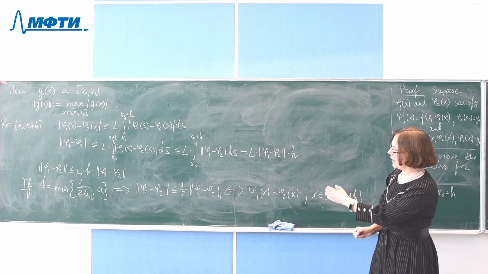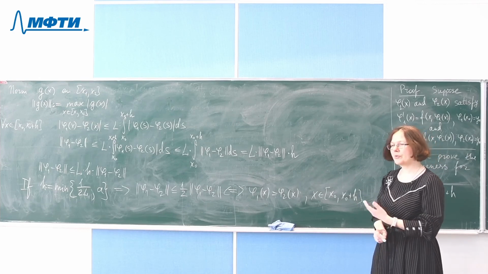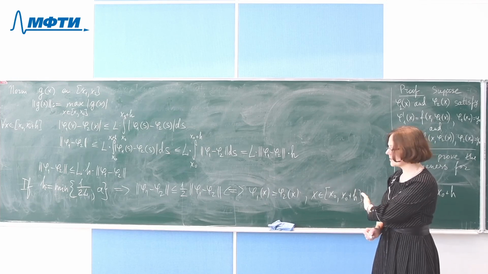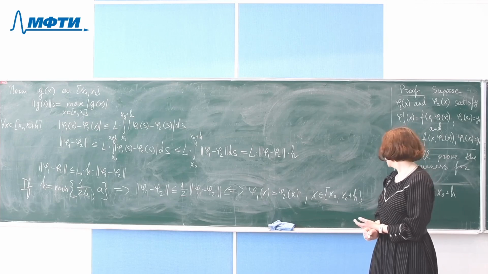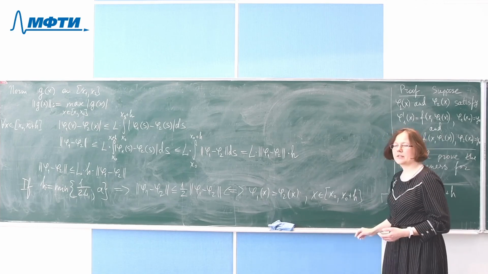So I have shown how to choose h so that we can guarantee the uniqueness of a solution. So this contradiction proves that a solution is unique if it exists. So the theorem is proved.